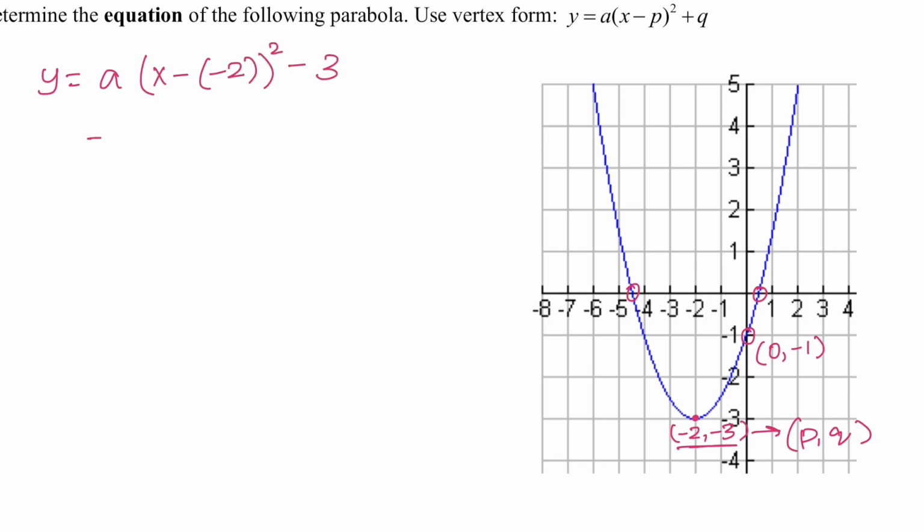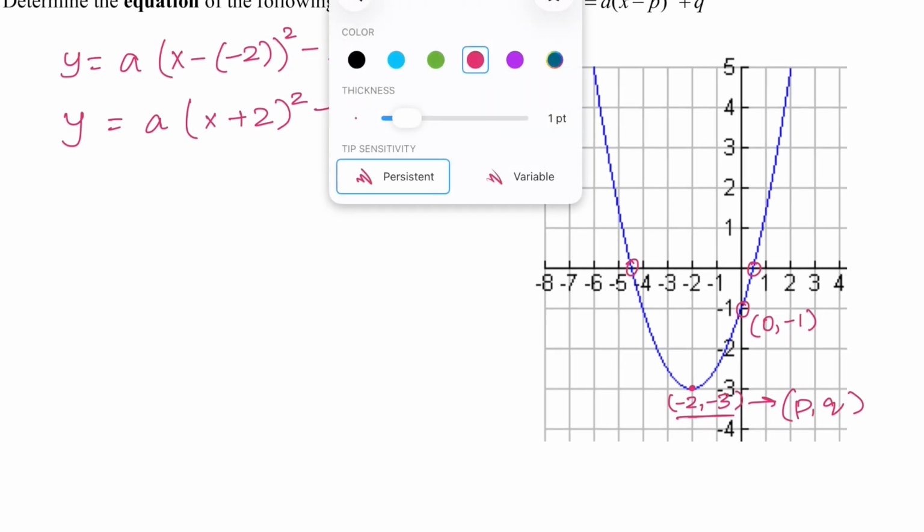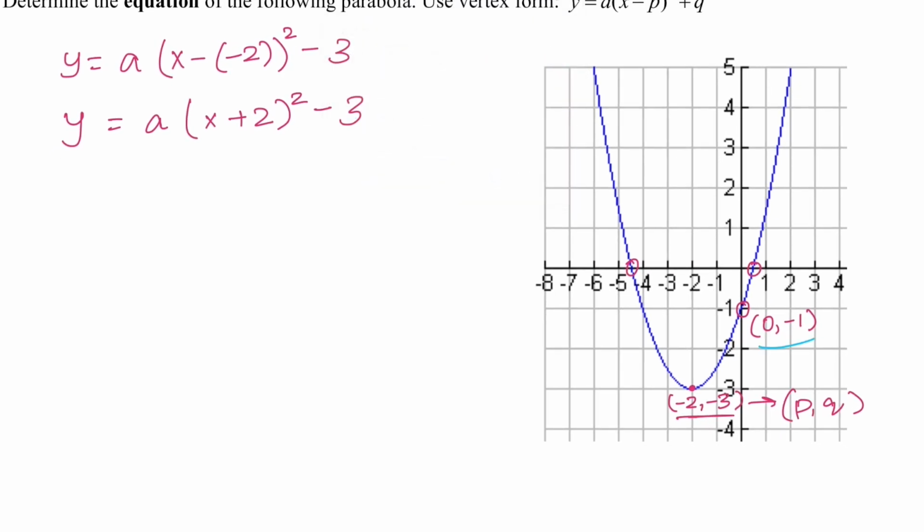I have x plus 2, because negative times negative is positive. But I still don't know what my a will be. So to figure out a, I have a point 0 comma negative 1 given to me. So I'll be using that as my x comma y and finding my a value.